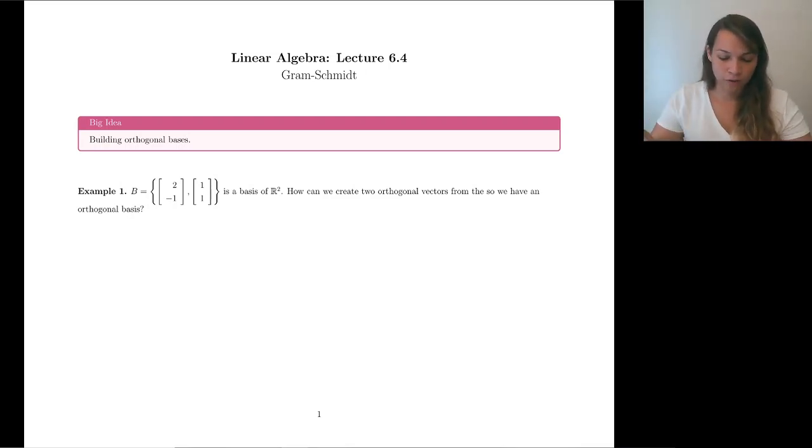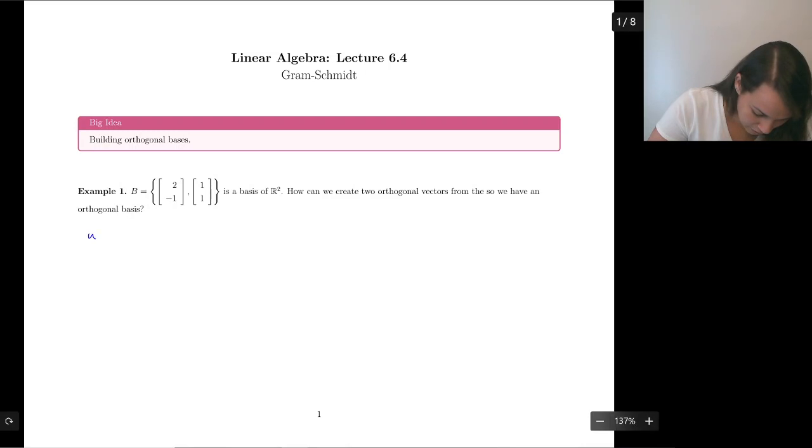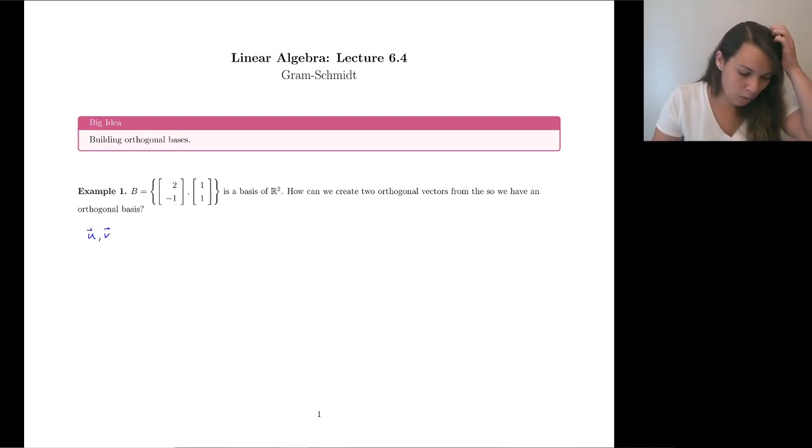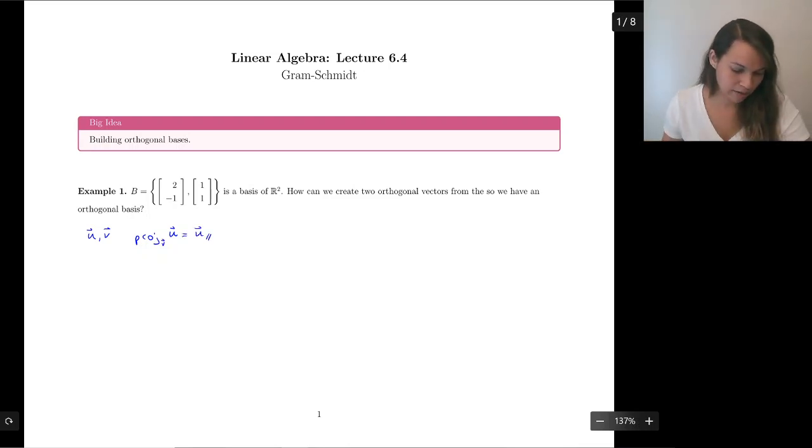So, real quick, I want you to recall that if we have two vectors, u and v, then the projection of u onto v is called u parallel.